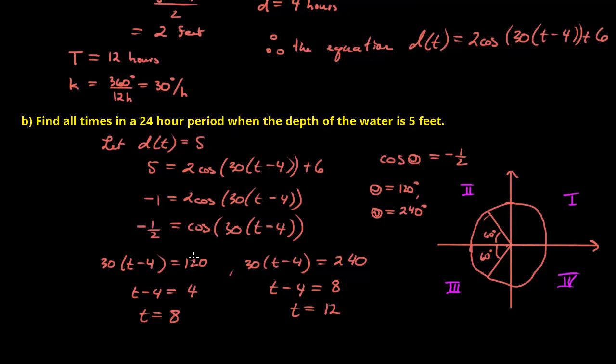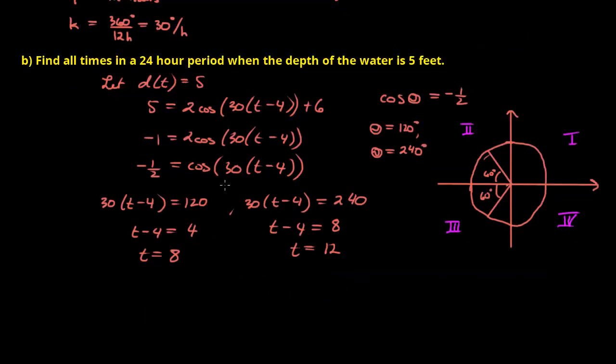So what that means is that the depth of the water is 5 feet at 8 a.m. and 12 p.m. Remember that t is equal to 0 corresponds to midnight, so 12 hours past that would be 12 p.m. Okay, so let's think about this. Over a single cycle, we get 2 points when the depth of the water is 5 feet.